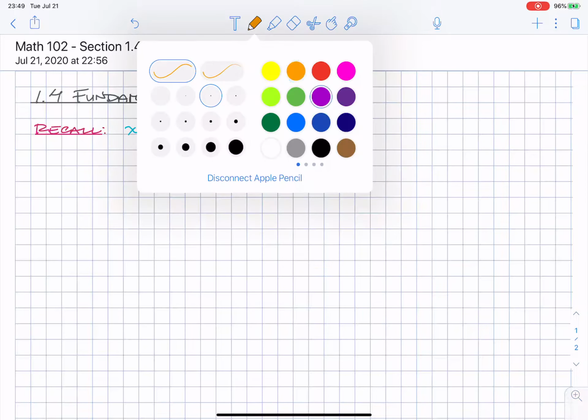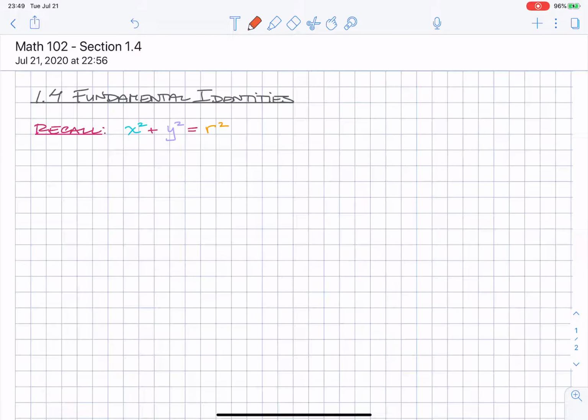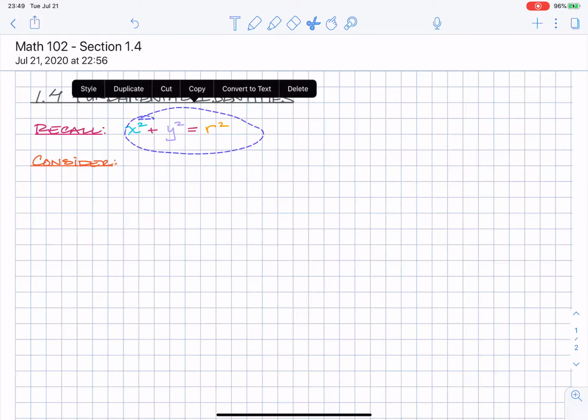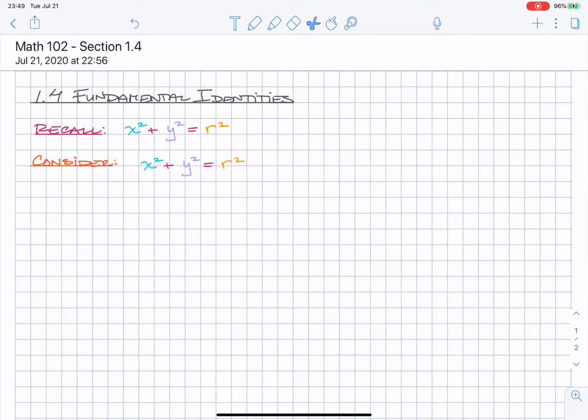So let's consider now that equation once again. So let me just copy and paste. We have x squared plus y squared is equal to r squared.